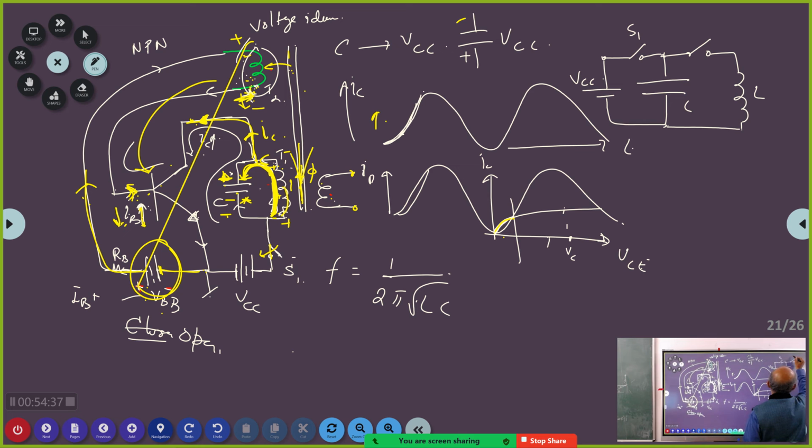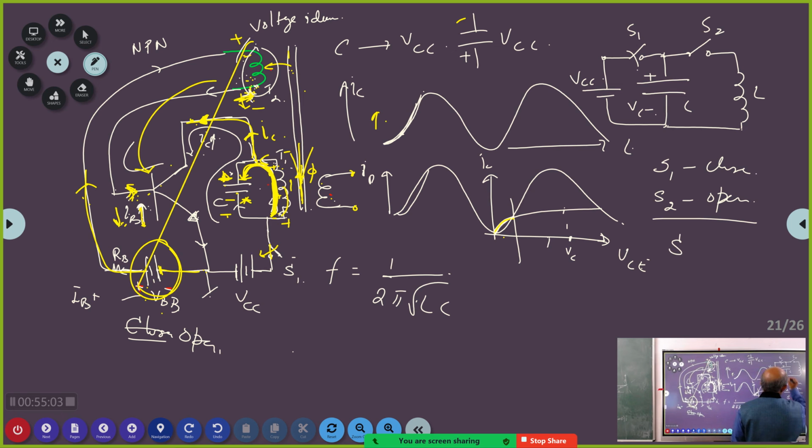Okay, this is S1, this is S2. Okay, remember this? First I close S1, and S2 is open. So if I close S1 and keep S2 open, what will happen? Capacitor will get charged to VC. Correct? Okay, first operation.